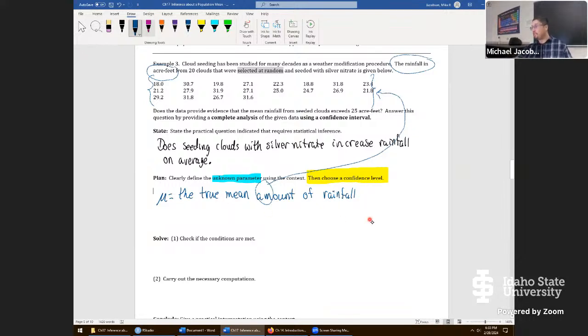But even to this stage, it's not a complete statement. There's still something missing. Any volunteers for the last portion that we have to fill in?